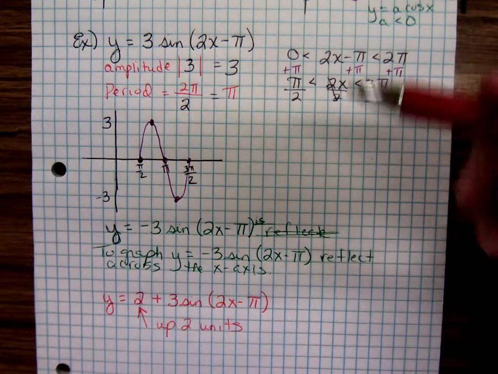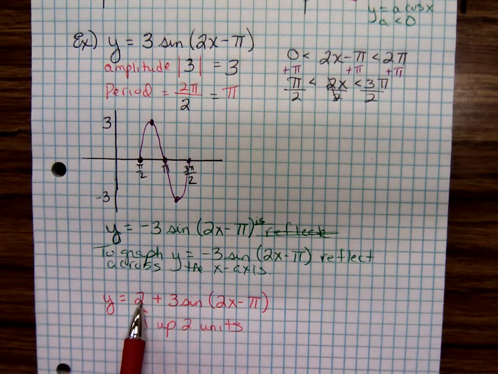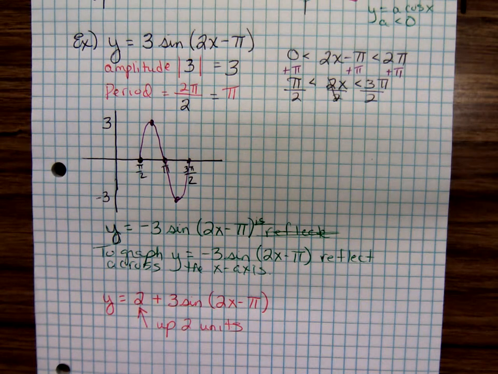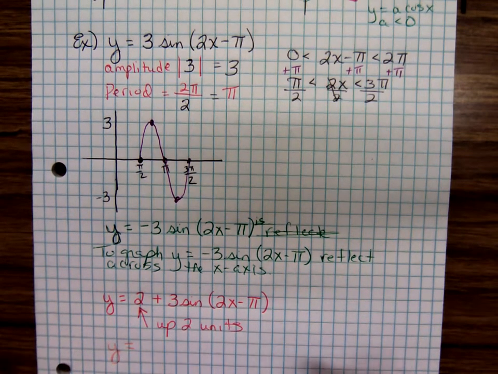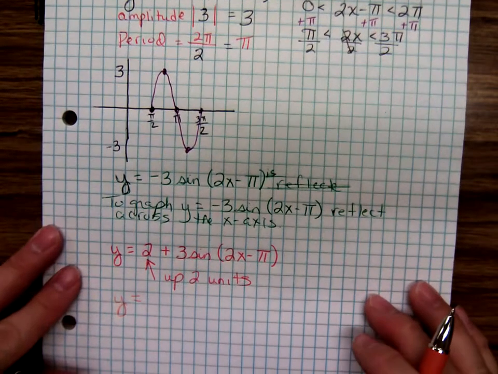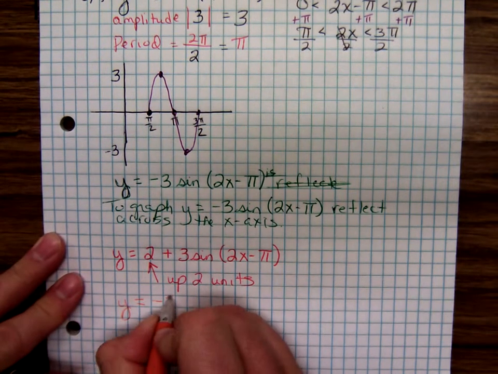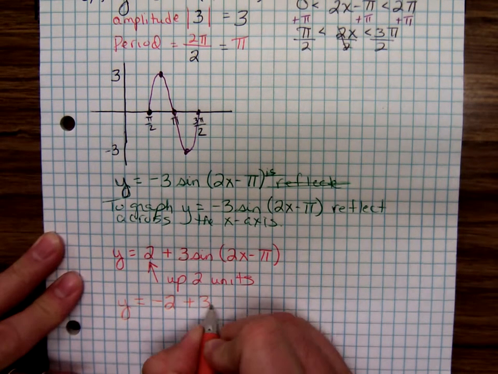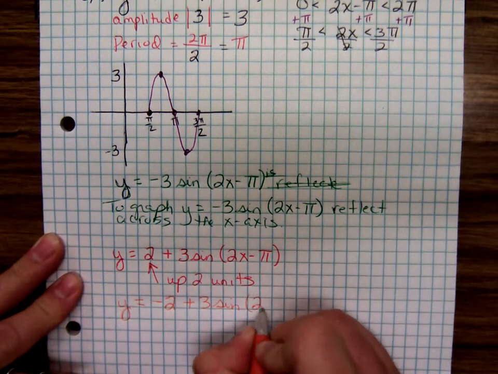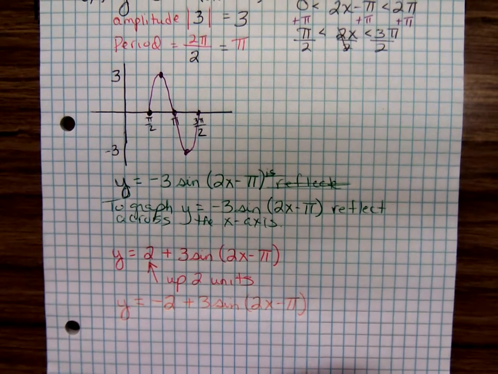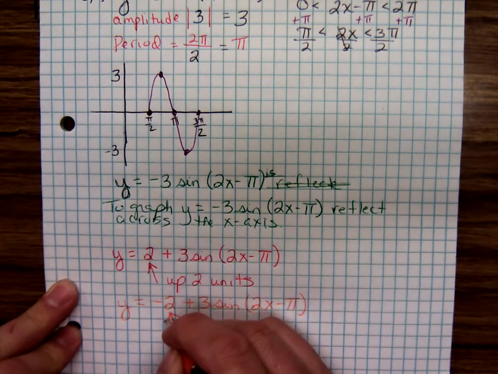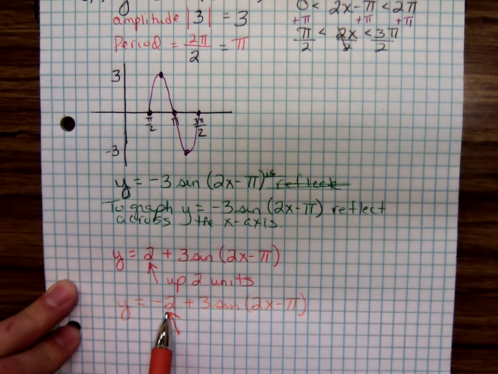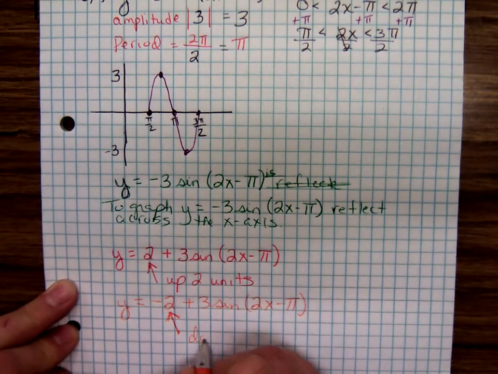Okay. Now, if this number here were negative, suppose we wanted to graph negative 2 plus 3 sine 2x minus pi, then this negative 2 here would mean that you're shifting it down 2.